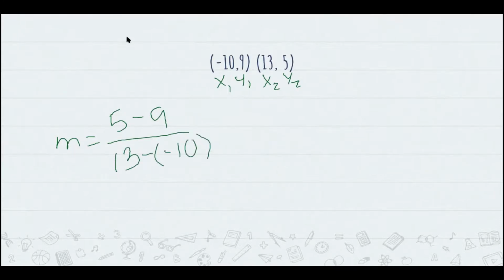So 5 take away 9 will equal negative 4. And 13 take away negative 10 is 23. You can't simplify it, so this will just be our slope.